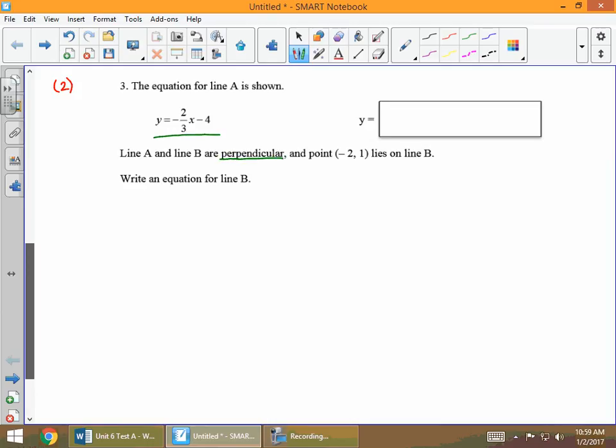So perpendicular means that my slope has to be the opposite reciprocal to negative 2 over 3. That's the slope of the given line. Perpendicular says opposite, so it's going to be positive. Reciprocal, instead of 2 over 3, it's 3 over 2.